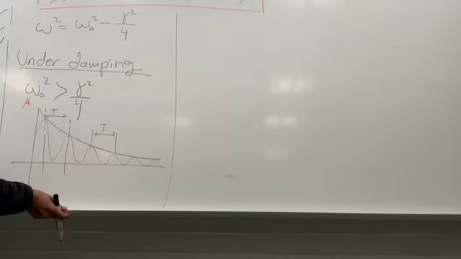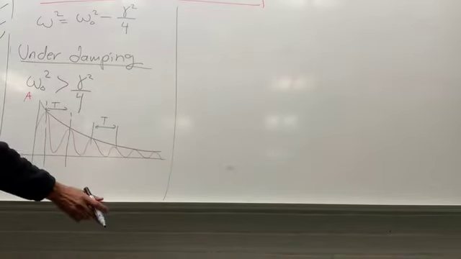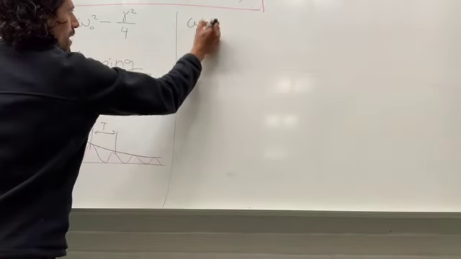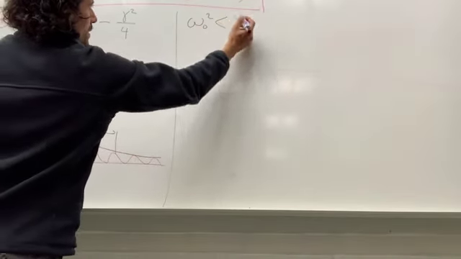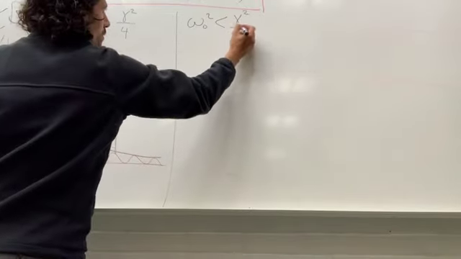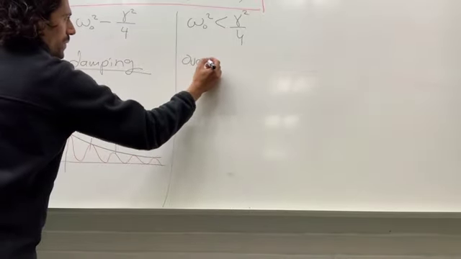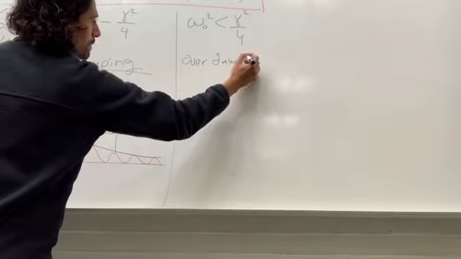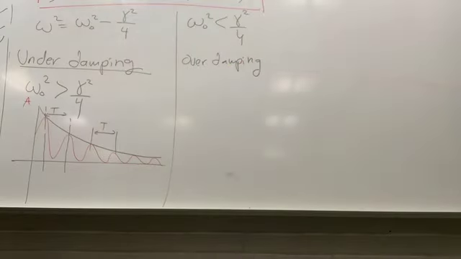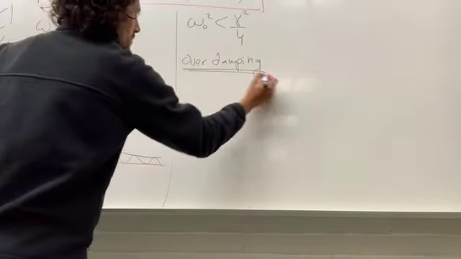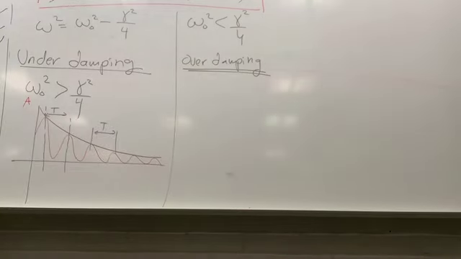What happens if now gamma squared over 4 is larger than omega 0 squared? This would be overdamping. So this is a very large damping.